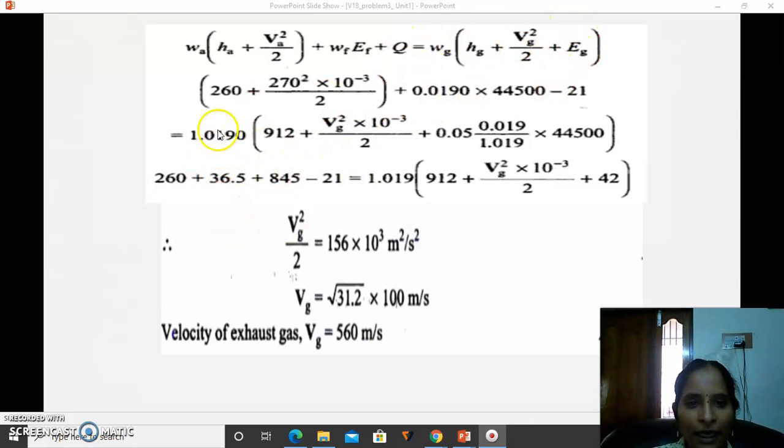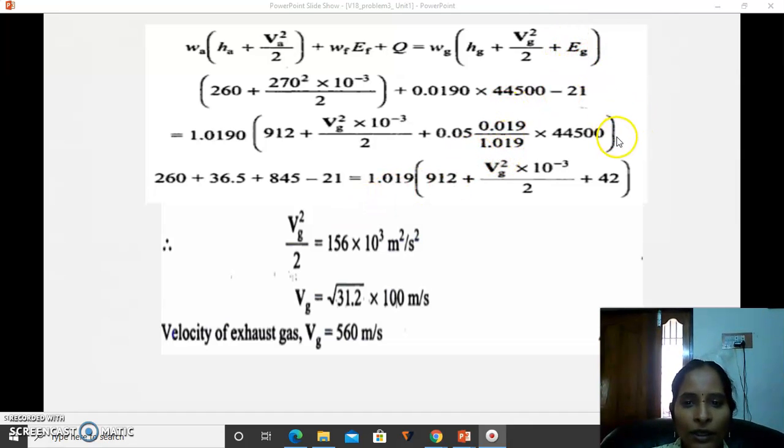And here the mass of the gas, the exhaust gases, and the enthalpy as already given, and this velocity is not given in the problem. Just substitute the required units, and keep Vg as it is, plus the other energy from the gas.